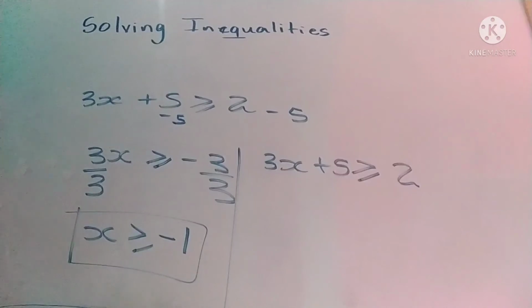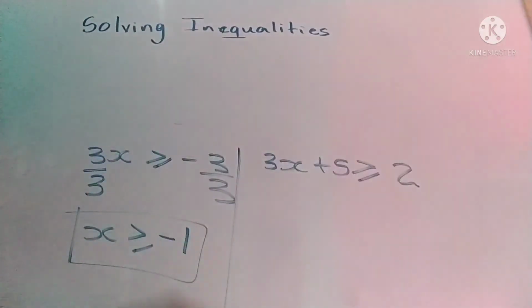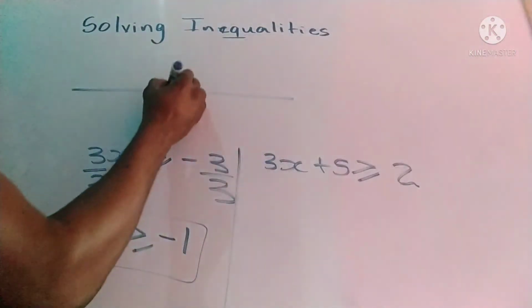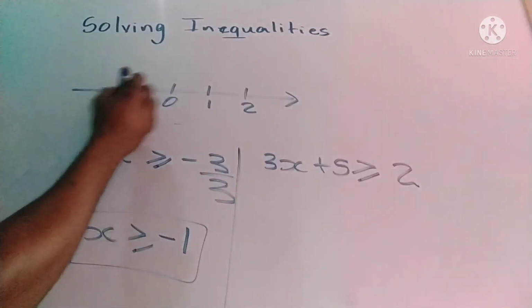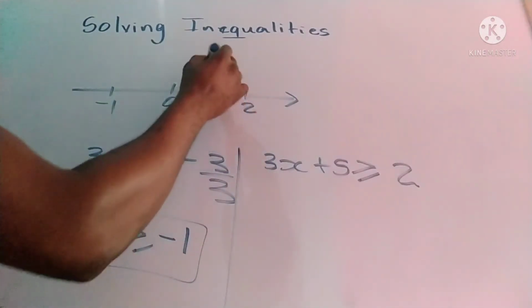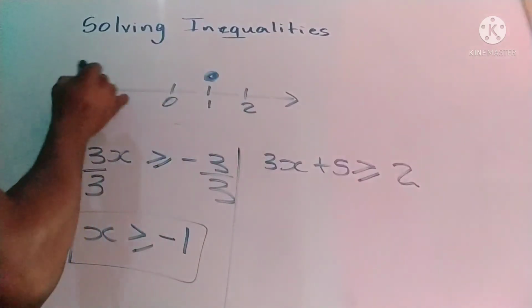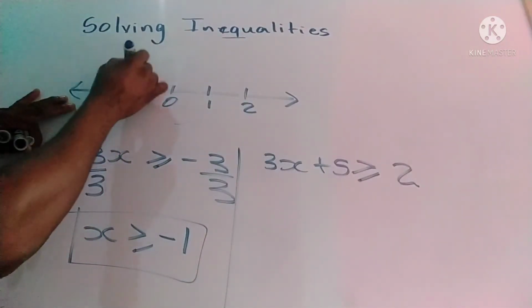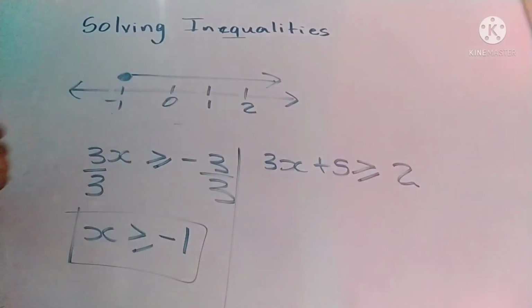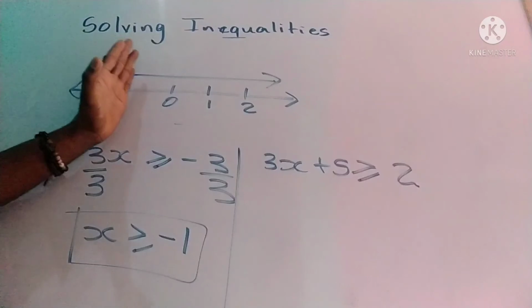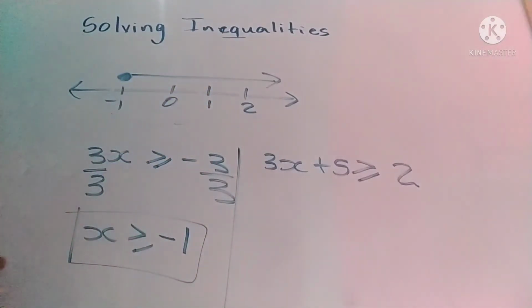If you look quickly on your number line, we're thinking of stuff like 0, 1, 2, negative 1, and so on. Greater than or equal to negative 1. So we are having it from negative 1, and we're greater than or equal to negative 1. So any value you step to the right of negative 1 will make this statement true.